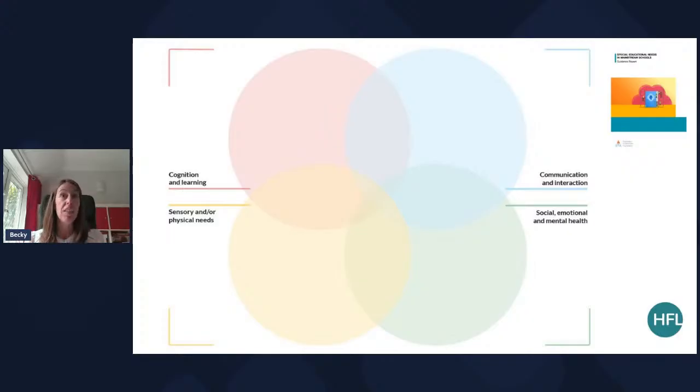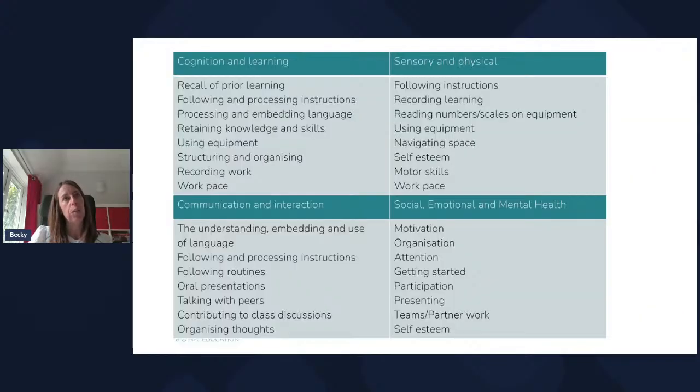And that's going to be seen and observed as a social, emotional, and mental health need. So really unpicking and exploring the needs within your schools and also within individual classrooms can be a really useful starting point.